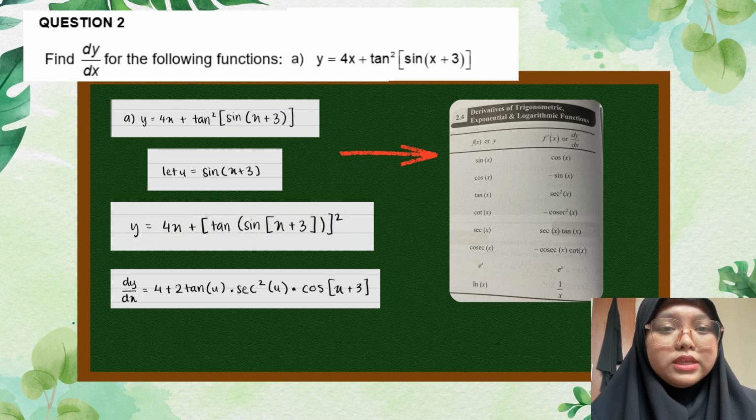And then we need to replace the value of u and then the final answer will be dy over dx equal to 4 plus 2 tan bracket sin x plus 3 times sec to the power of 2 bracket sin x plus 3 times cos bracket x plus 3.